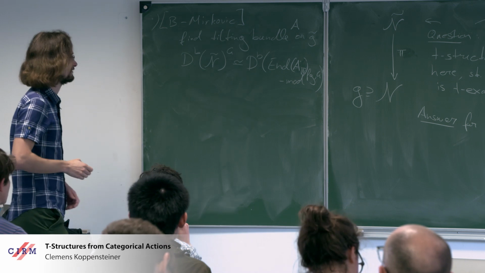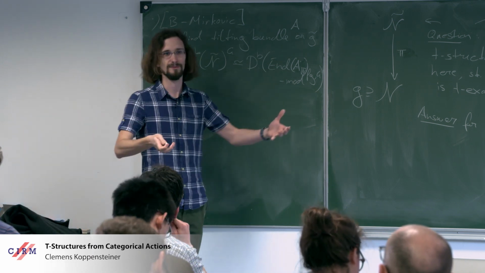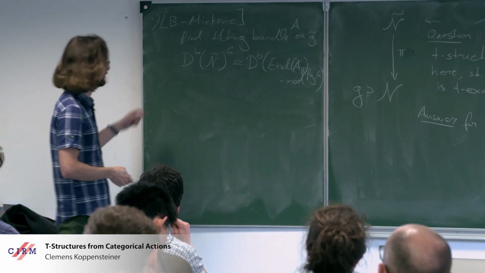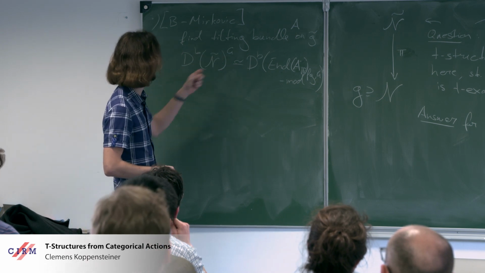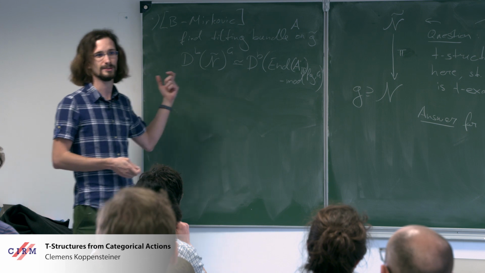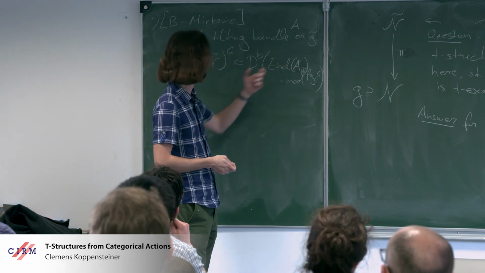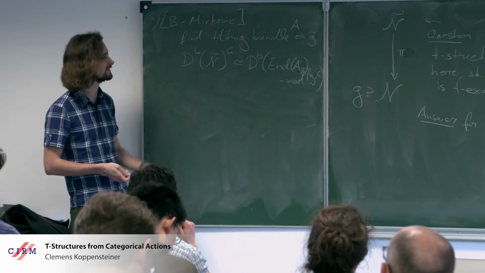So the restriction of A to the Springer resolution, take endomorphisms of that. That's basically one of the defining things of a tilting bundle: you get an equivalence of categories with modules over the endomorphism algebra of the bundle and the original category.